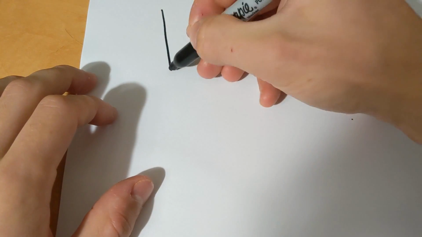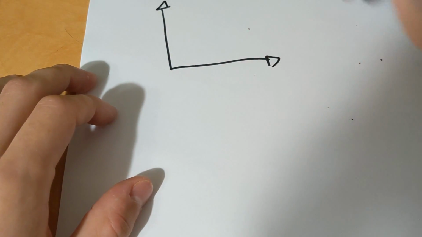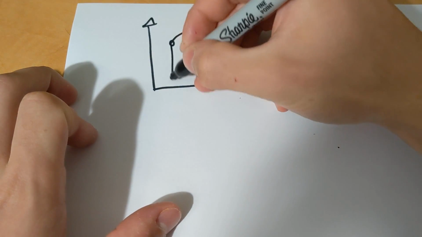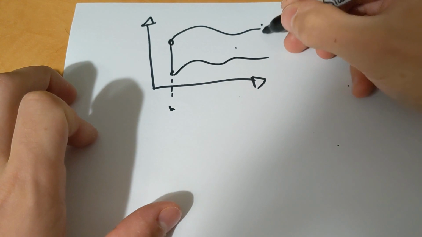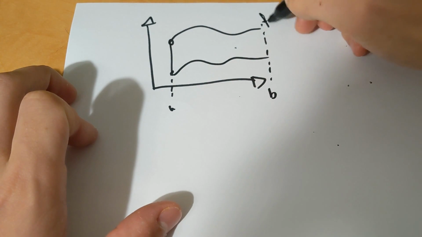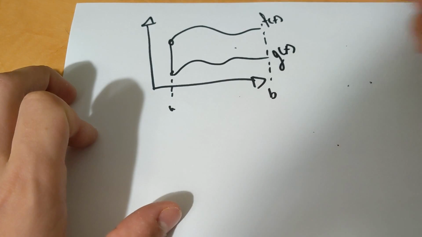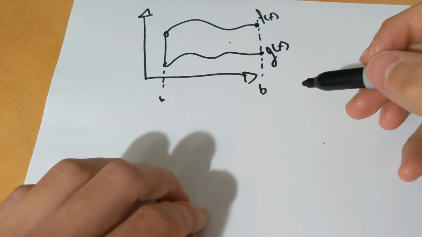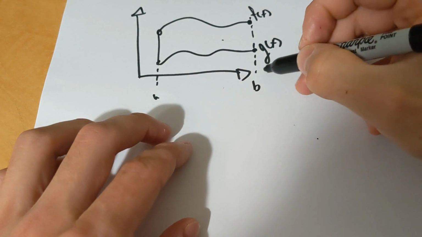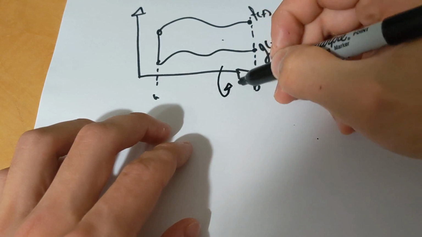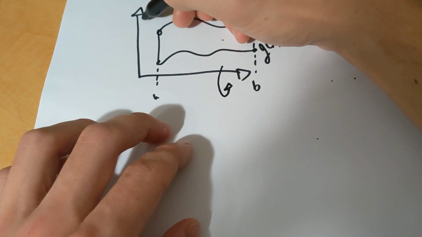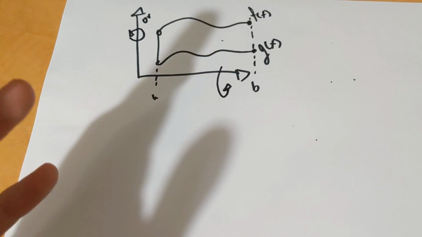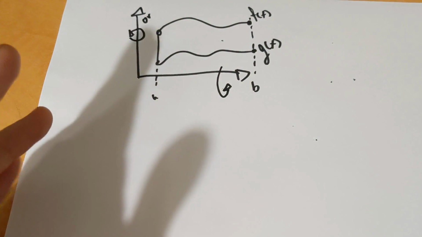So now, what we're doing is we're taking this area, okay, we'll draw it back, b, f of x, g of x, okay, now we're taking this area, and what we're doing is we're actually rotating it around the x-axis or the y-axis, and we're making three-dimensional shapes in doing so.